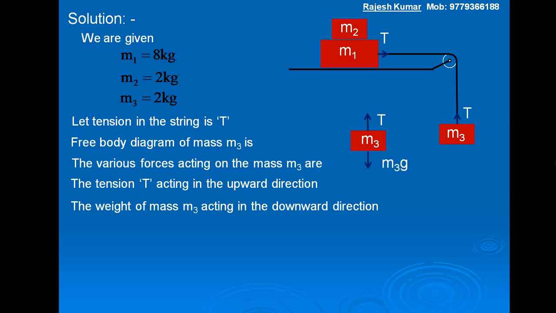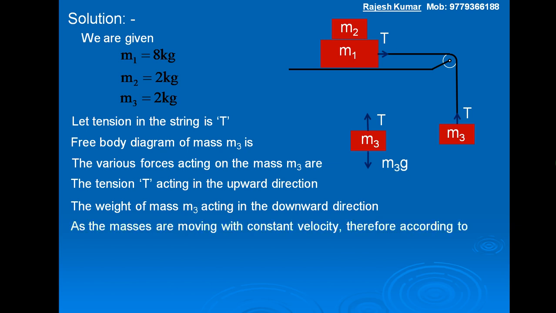As the masses are moving with constant velocity, according to Newton's second law, net force will be equal to 0. As for constant velocity there is no acceleration, therefore capital T is equal to m3g. Let it be equation number 1.